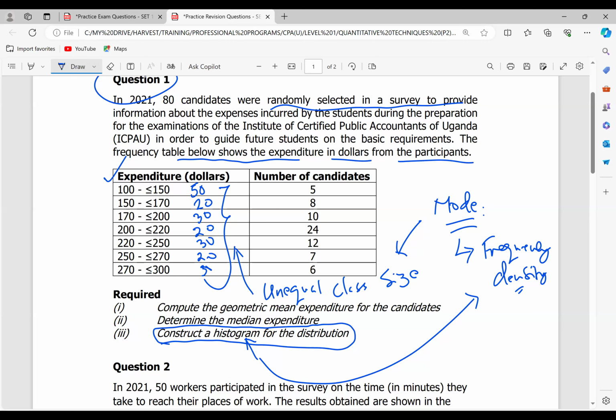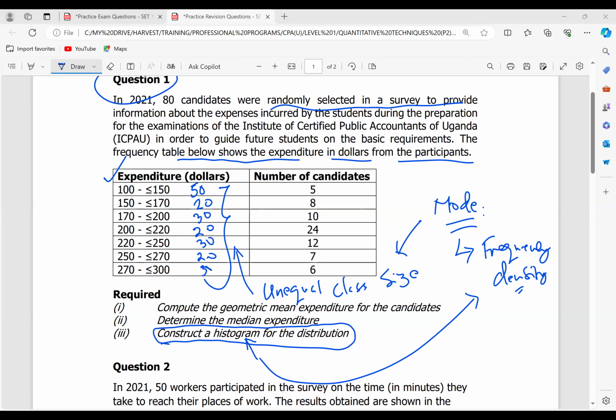Because usually what we use to compare the different classes or limits is the class width. Because if the width is the same, and you have the same parameter, then it becomes easy for you to compare the different classes and to derive meaning out of that kind of data.